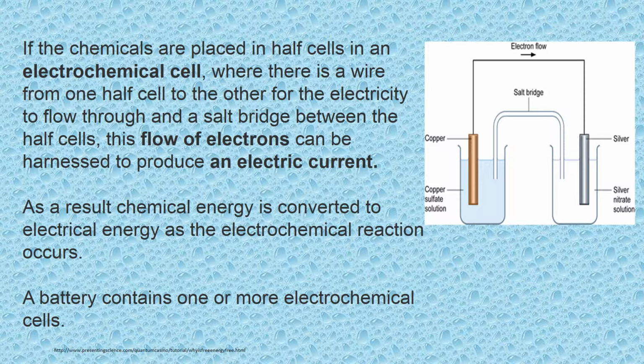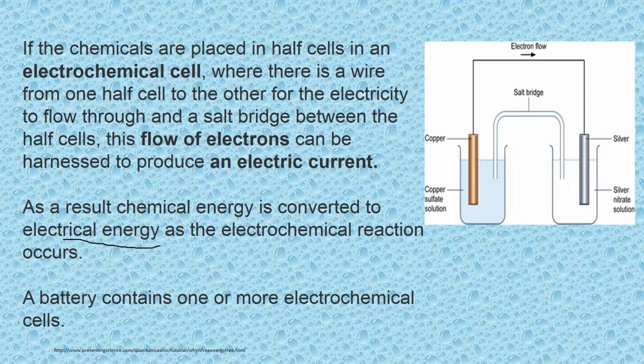Instead of having the transfer happening in the same beaker, you force the electrons to travel through a wire, generating electric current, and that's what we harness, and we use it in our batteries, Energizer batteries, your cell phone batteries. This is a very good example of chemical energy being converted to electrical energy as this redox reaction occurs.